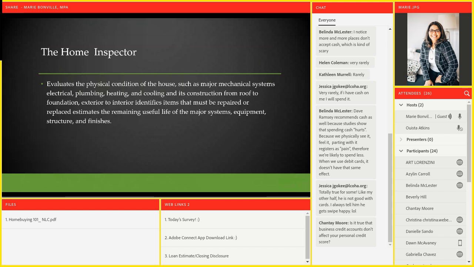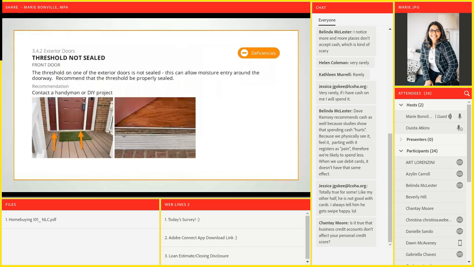It can be even more depending on the square footage of the home, but they check the physical condition of the house, major mechanical systems, electrical, plumbing, heating, cooling, construction from roof to foundation. They don't look at carpet and things of that nature. They're not looking at, is this granite or is it Formica? They're not looking at those things. They're looking at the foundations of the home itself and whether or not there are any major systems or issues with those systems. So here's an example of an inspection.